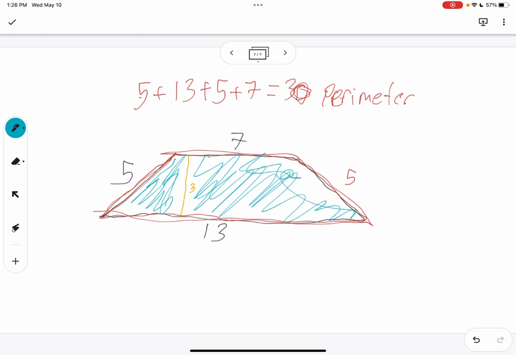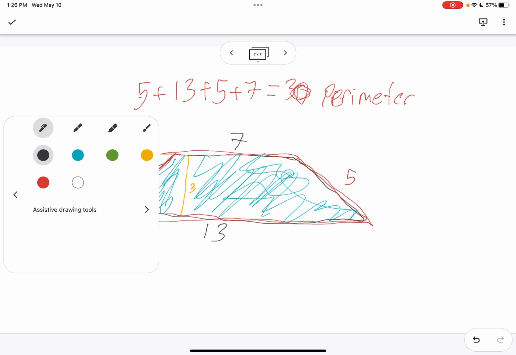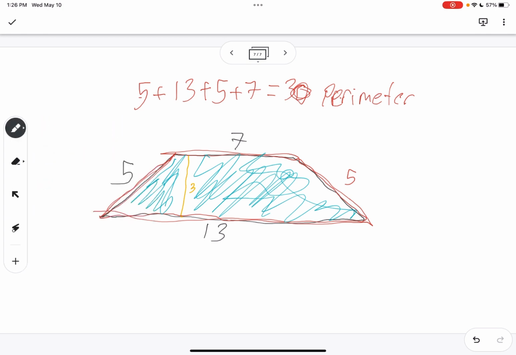Because we only know the rules for finding the area of rectangles and triangles. So what we're going to have to do is chop this into different shapes. We're going to make this right here one triangle. This is going to be another triangle, okay?